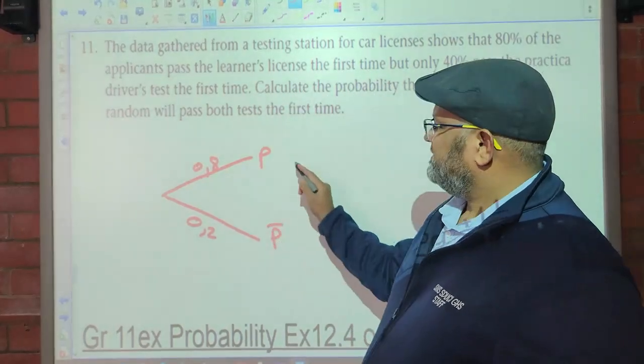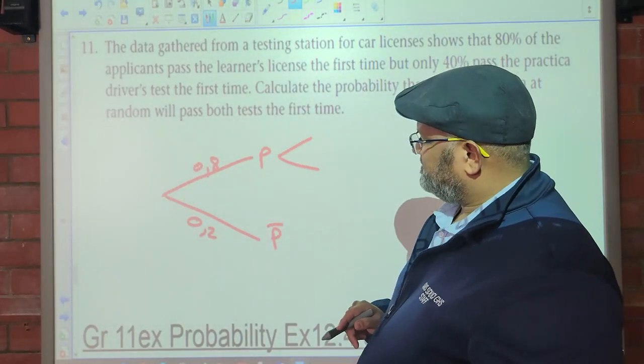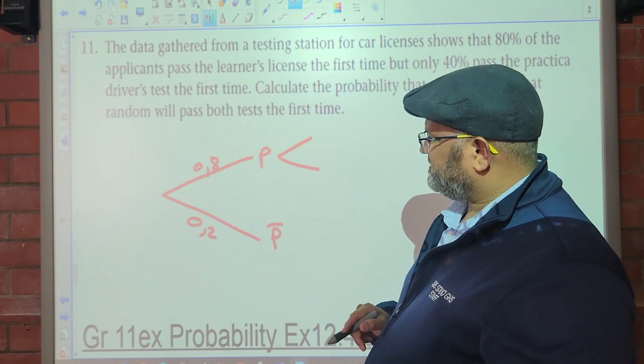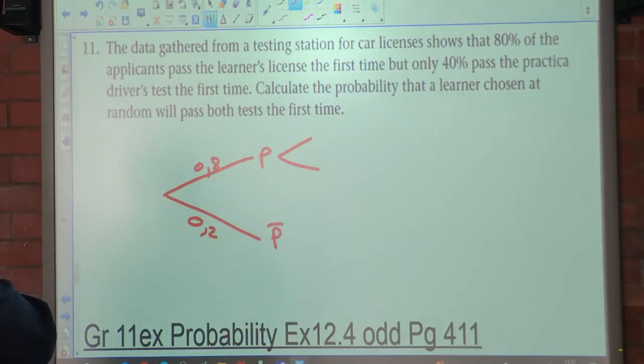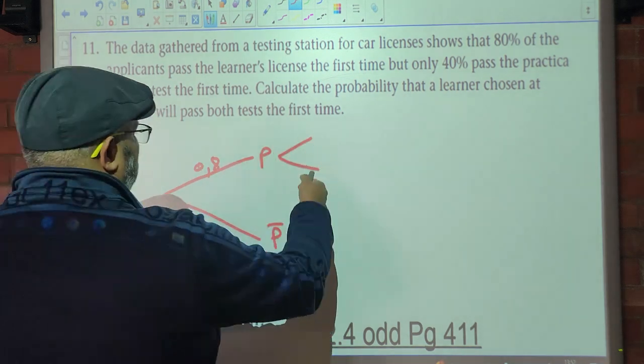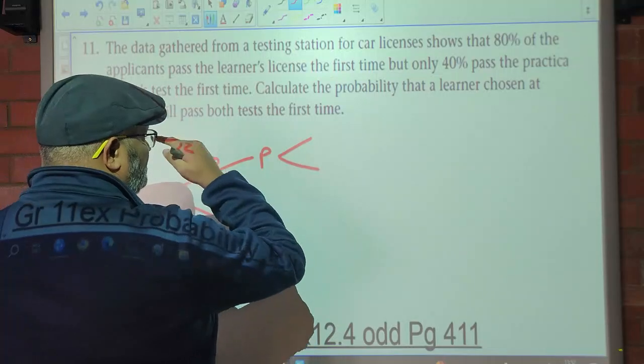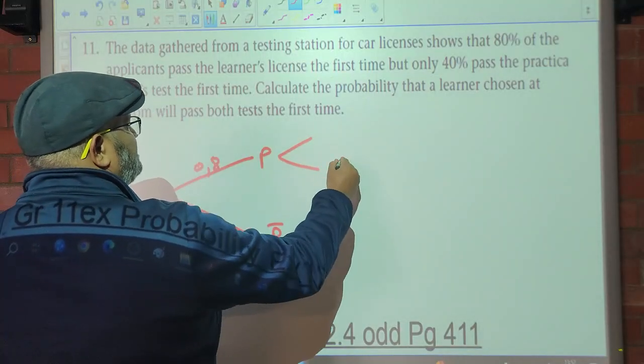Can you see that? Wait, let me see. Okay, it's not going to make a difference here anyway, because it's going to follow this branch anyway.